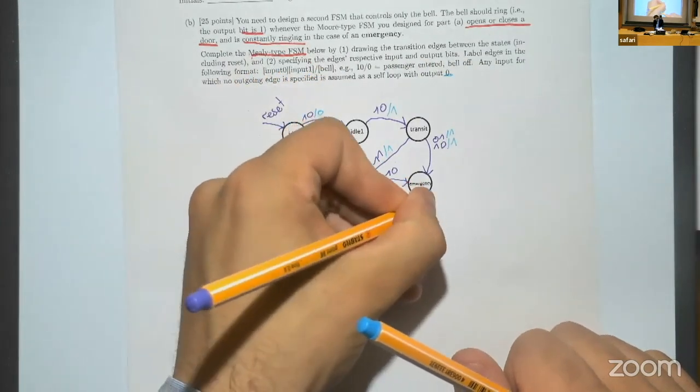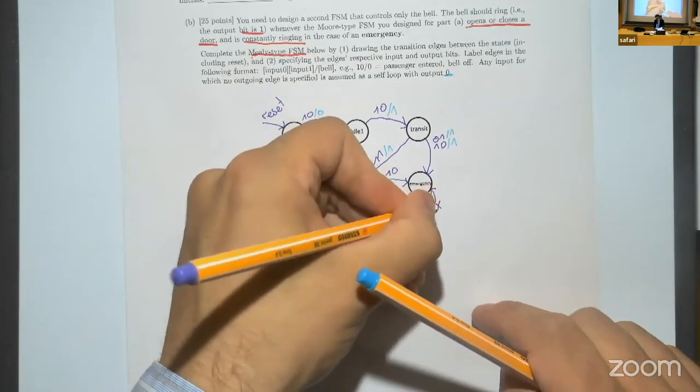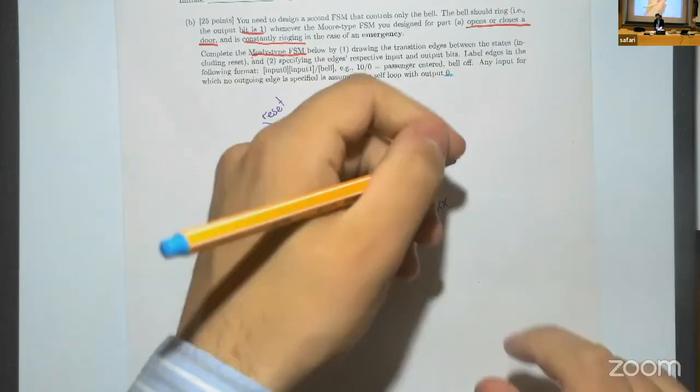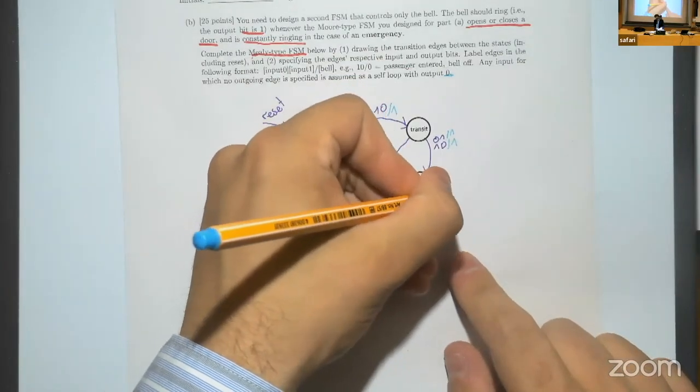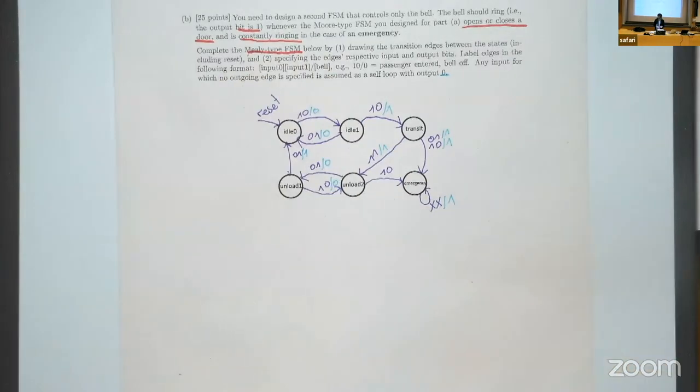So when we are in emergency state on any input, let's say input XX, you could also specify all 4 inputs, if you will. But if you put XX or star star as a placeholder, that's fine. Then it should also be ringing.